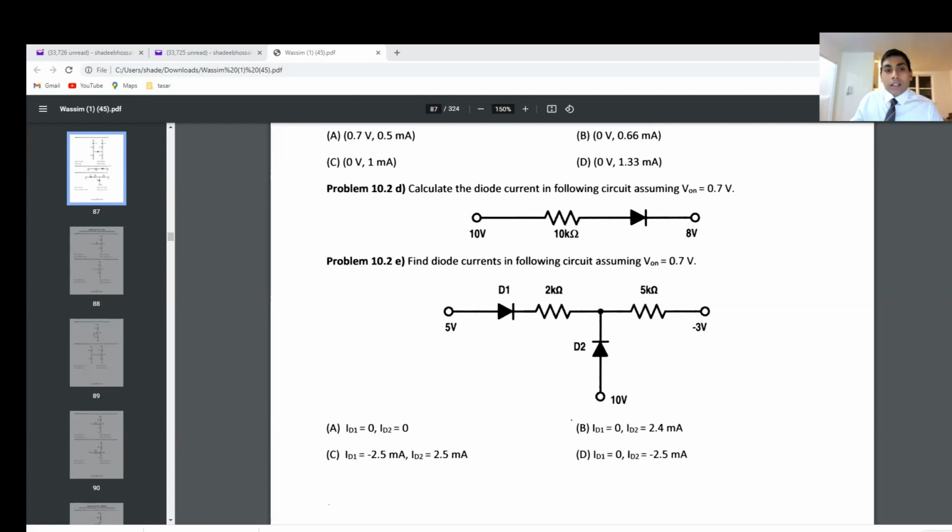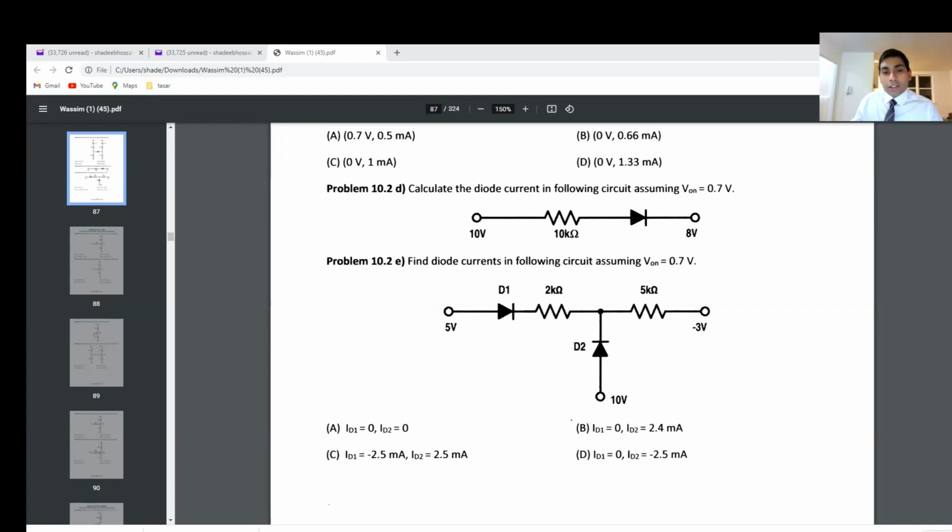Now, the other way we could do it is to assume this one is off and only D2 is on. Okay, so when you're doing that, it's 10 minus 0.7 since it's on. And over here, since this one's not working, this is a minus 3 volt.